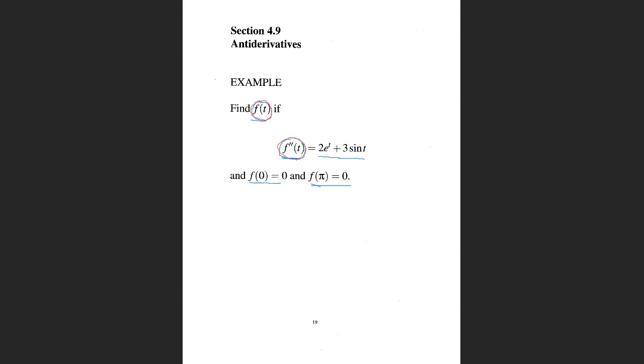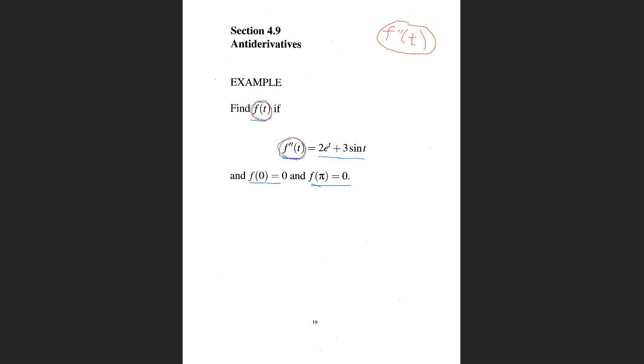Because the antiderivative, what would the antiderivative of f double prime of t be? What would the antiderivative be for the second derivative?